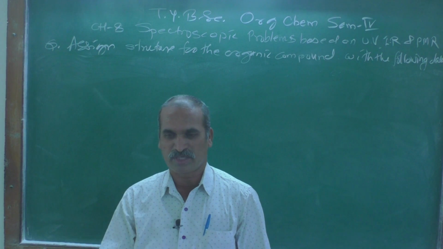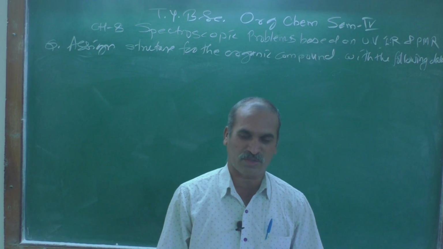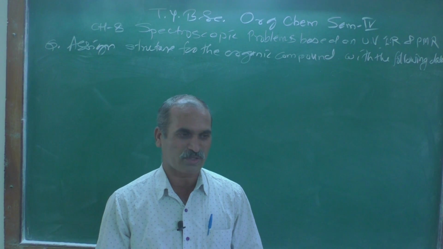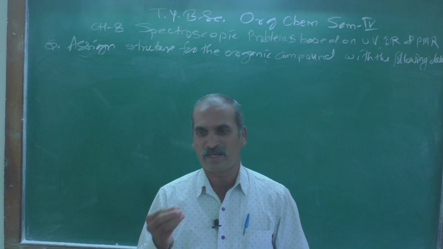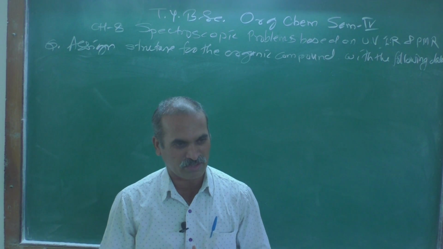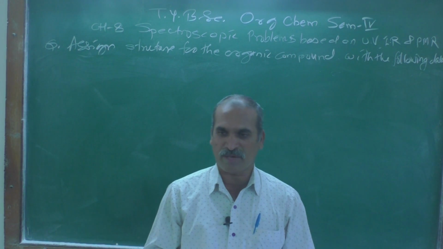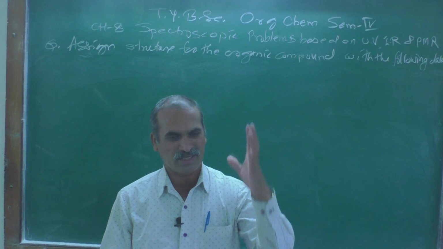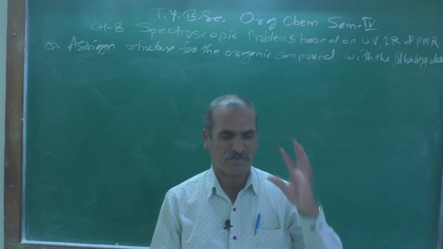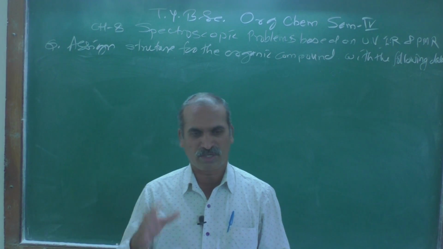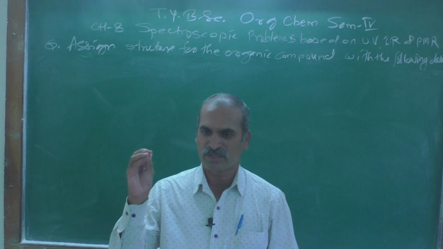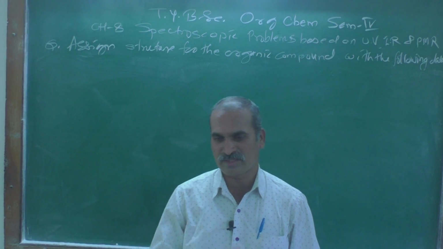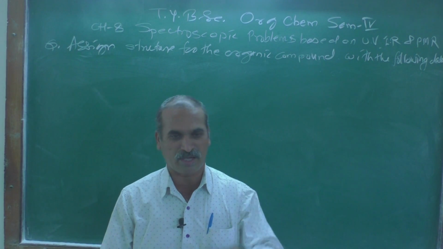If you move on to the next spectroscopy, which is IR spectroscopy, what does infrared spectroscopy provide us? It provides information regarding functional groups: how many and which different functional groups are present in the organic molecule, for example carbonyl group, ester group, hydroxy group, nitro group, halides and amines.